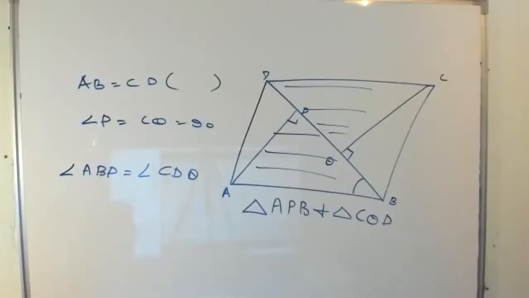Therefore, triangle APB congruent to triangle CQD, AAS congruency. Okay. Second part, AP equal to CQ, CPCT.